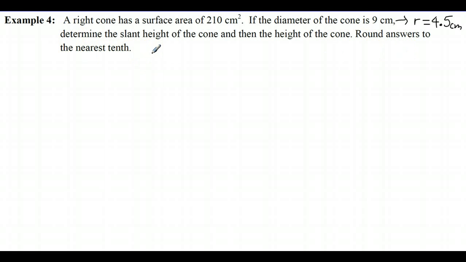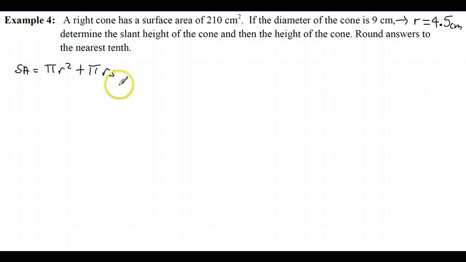Okay, so remember, we will round this, but we will use the full value we worked out for this in order to find the height of the cone. So let's start with the formula. What do we got? Surface area, pi r squared plus pi r s.